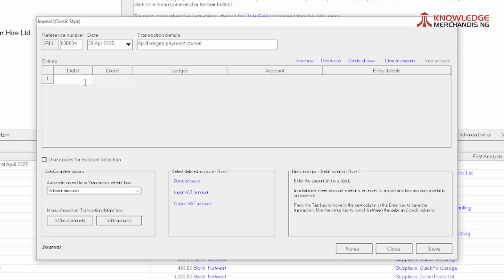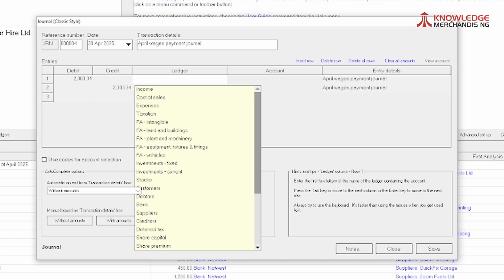Right, now here we have net wages, which we owe to our employee, 2,303 pounds 34 pence, that we credited to the creditors accounts.